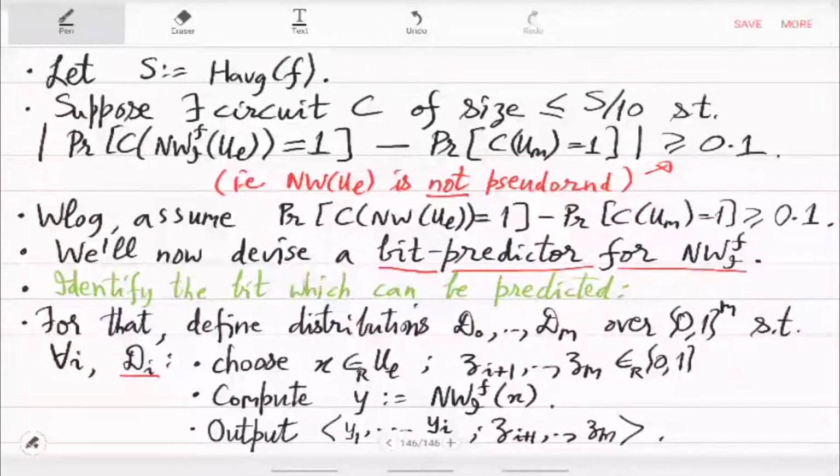That is the new stretched string. Instead of y1 to ym, you just output y1 to yi, and the suffix is m minus i randomly chosen bits, z_{i+1} to z_m.